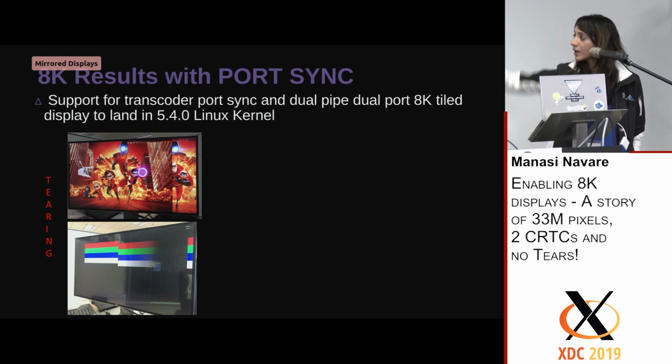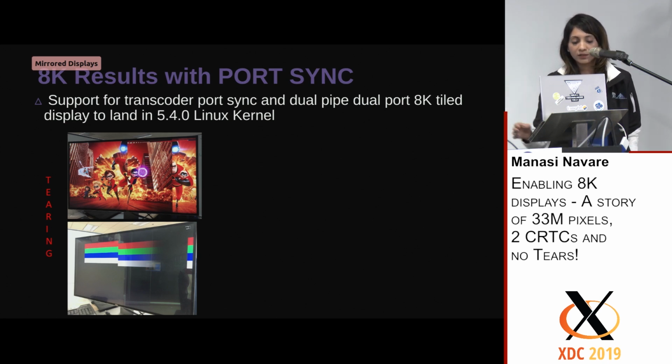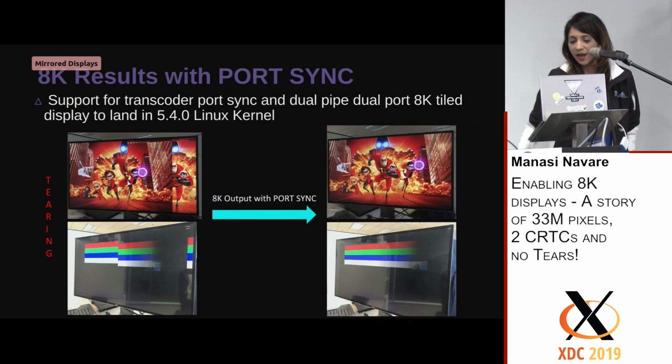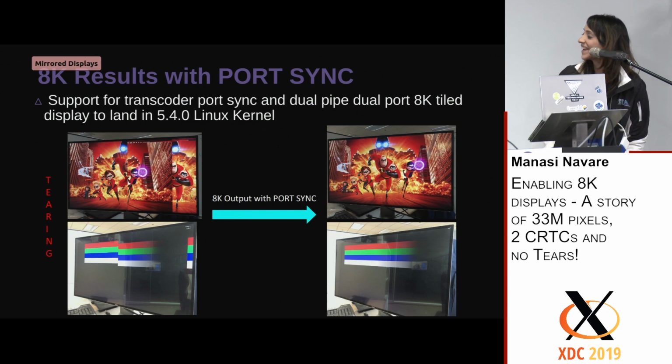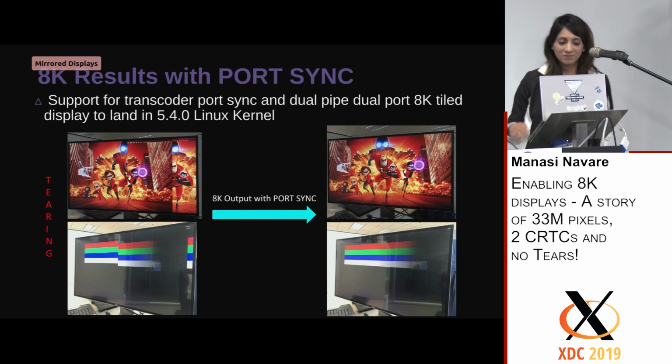And then that's the true 8K image, which I got from the internet. It was able to display that because the planes, everything can handle it, but the tearing was really, really bad. And then what I have now is, ta-da, no tears.